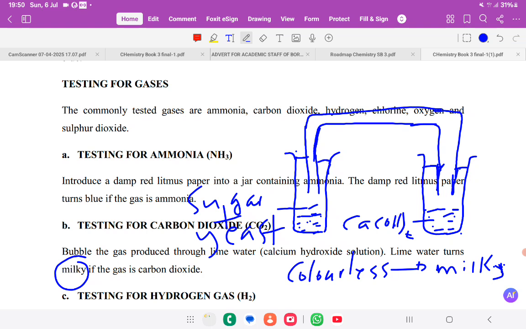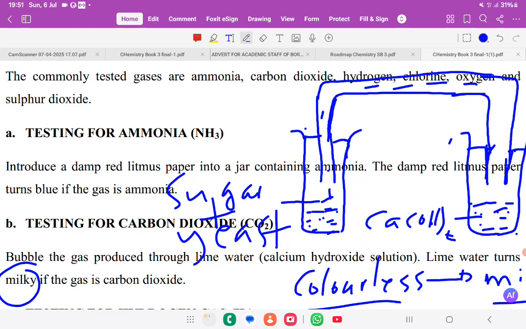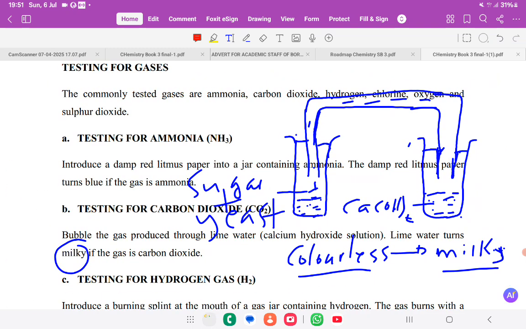So if the calcium hydroxide changes color from colorless to milky, it means that the gas being produced in the fermentation process, which is carried along by the tubing, must be carbon dioxide. So the gas being delivered to this tube here is carbon dioxide.